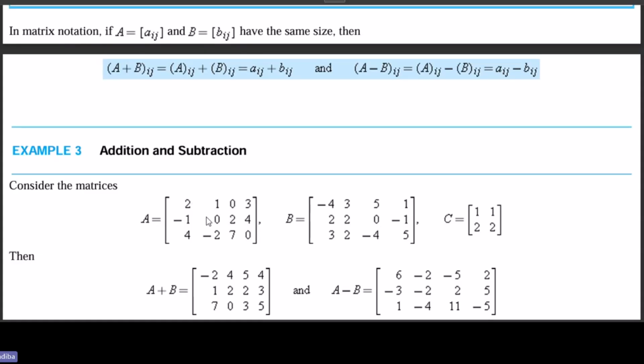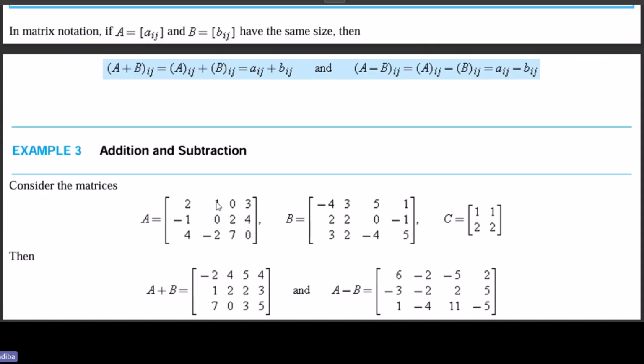When we add matrix A and matrix B, this is what we get. We add the corresponding entries. It is these two we are adding. This sign tells us to add. 2 plus minus 4. That's why we've got this minus 2. Okay.